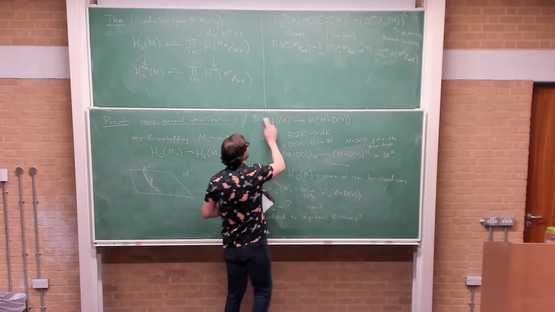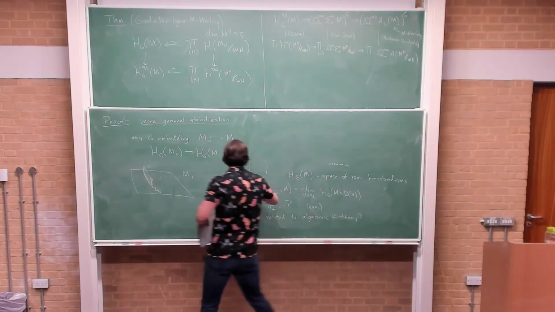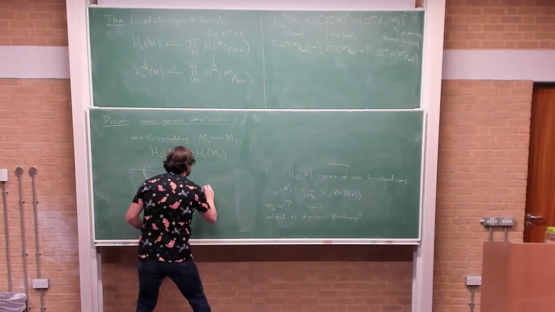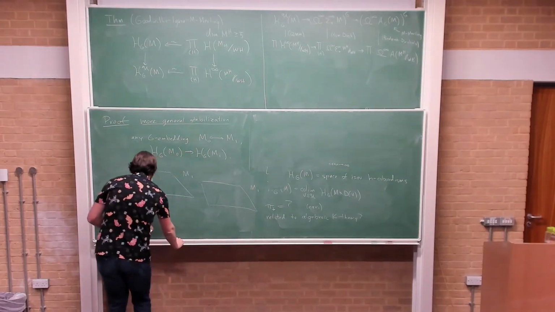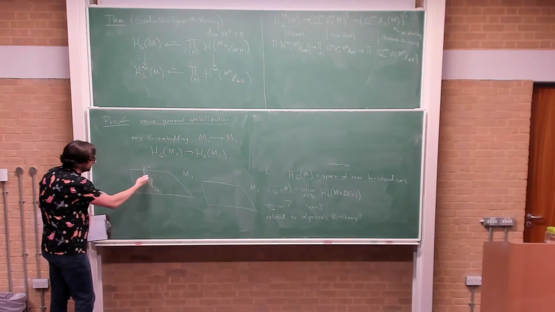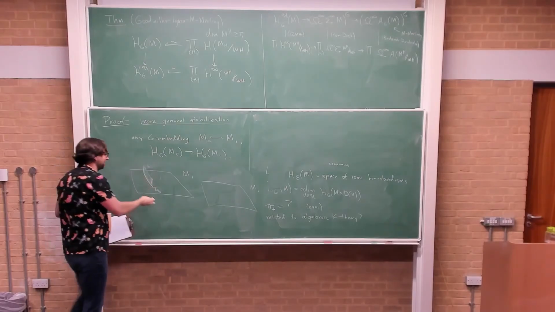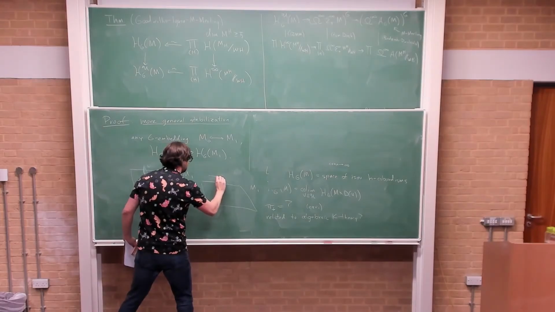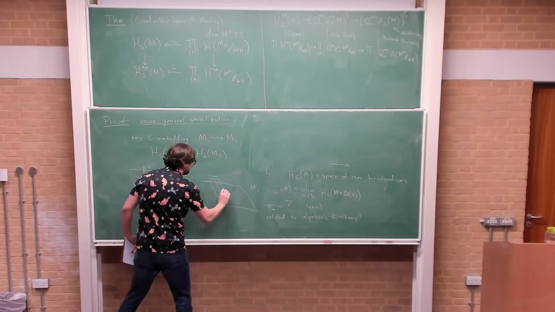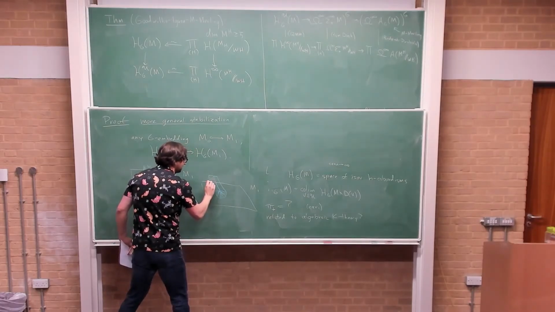Okay, so now what does this map do? What does the stabilization do? Draw M1 again. It does this picture from before, but I'm going to swing the cobordism back and forth like this. So I'm going to form a picture that looks like this.